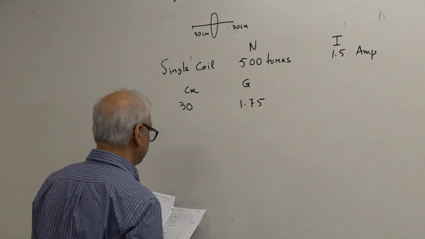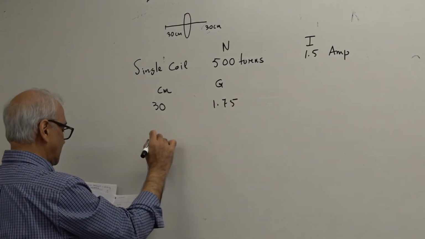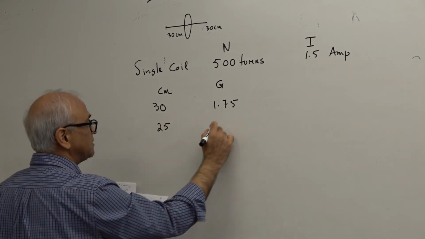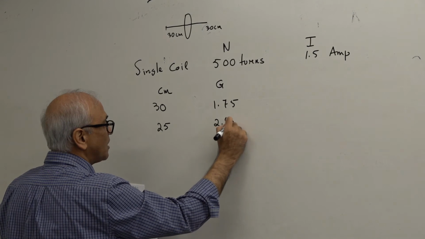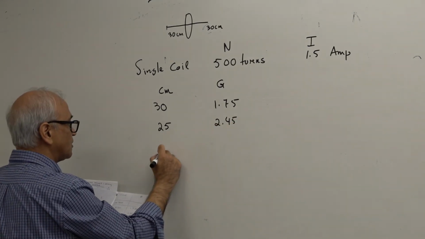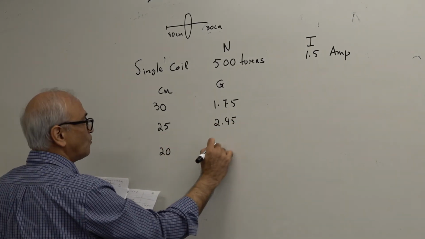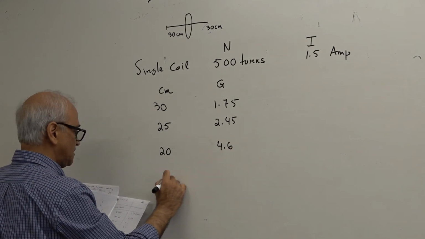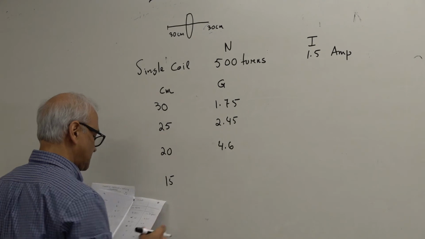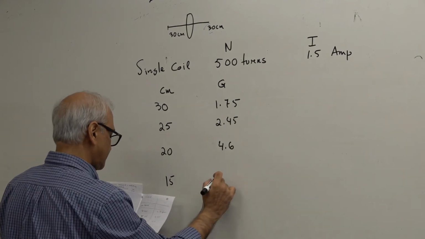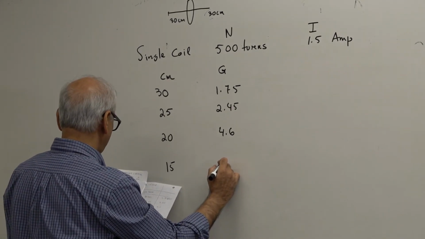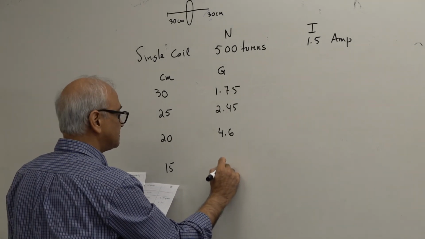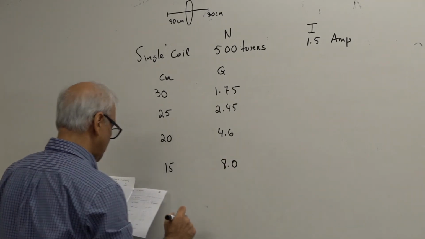So this would be 1.75 Gauss, and then we have 25, we're going every 5 centimeter, 2.45 Gauss. We're going to 20, 4.6, 15 is 8.0.